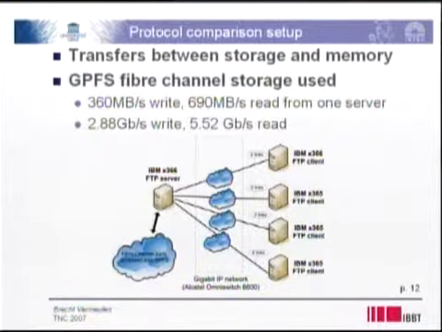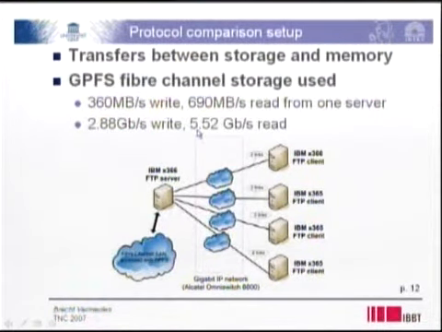So after that iPerf test where you just compare TCP performance, we also compared the protocols on top of that. So it's FTP, NFS, and CIFS as the real file transfer protocols. And for this, we had a 4 CPU server connected to a SAN with GPFS Fibre Channel storage.